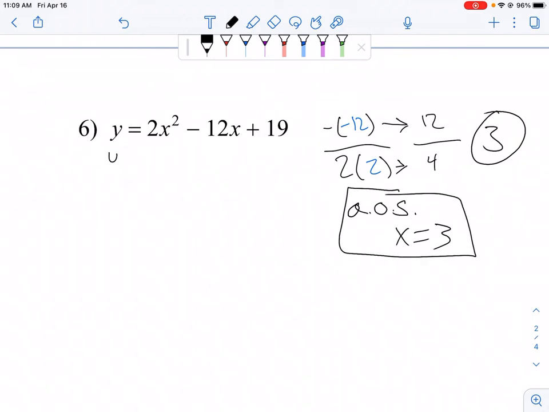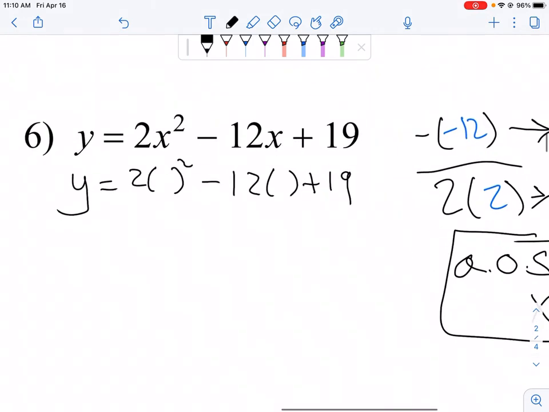So now I'm going to rewrite this, but I'm going to replace my x with a 3. And I'm following my order of operations, so I have to do this exponent first.